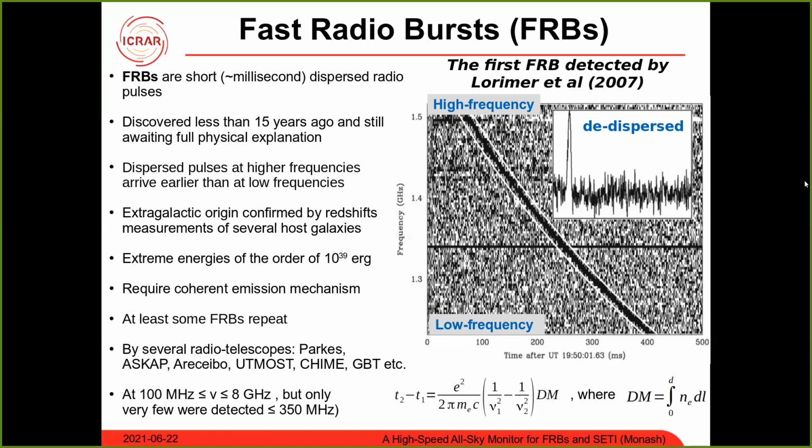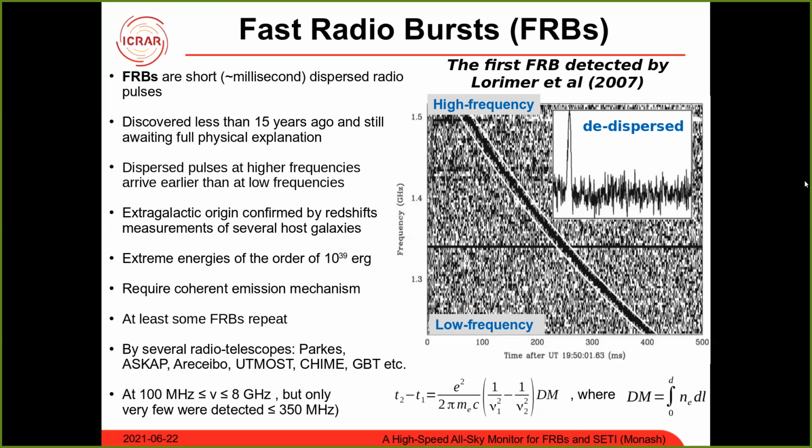I should have mentioned that Parkes and ASKAP both detected these first FRBs around 1.5 gigahertz. In the last years, the CHIME telescope, a radio telescope in Canada, started to detect many FRBs. In fact, it can be called an FRB factory. It detected hundreds of FRBs between 400 and 800 megahertz.